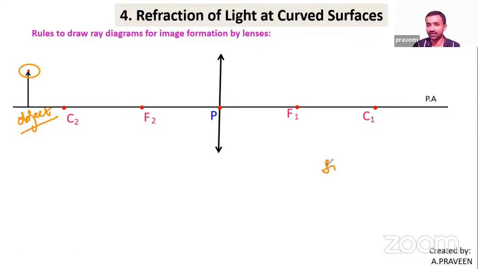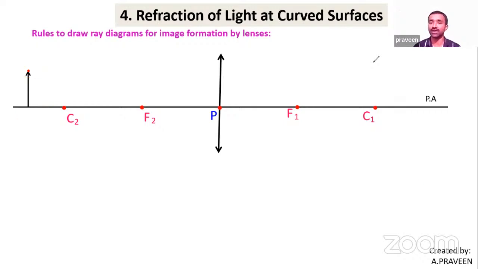Always fixed light rays we will consider. One is parallel and the other is passing through the pole. Fixed. So situation number 3 and situation number 2, these two only we will consider: passing through the optic center and parallel to the principal axis.